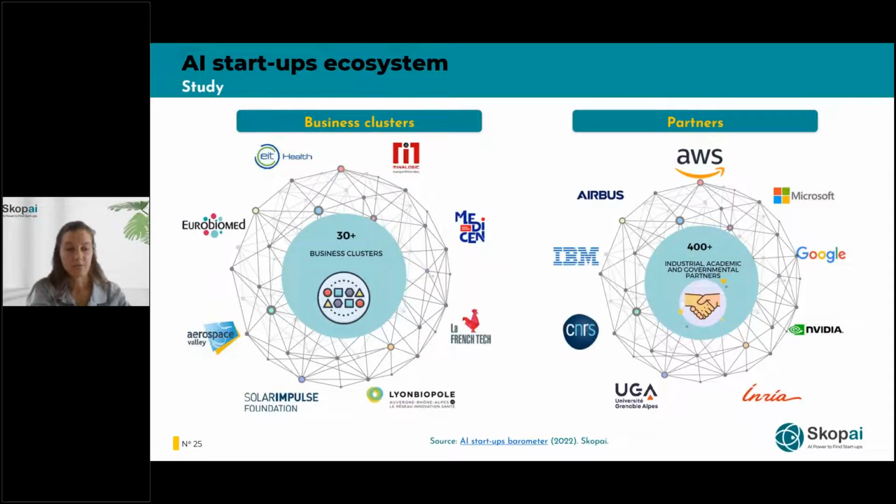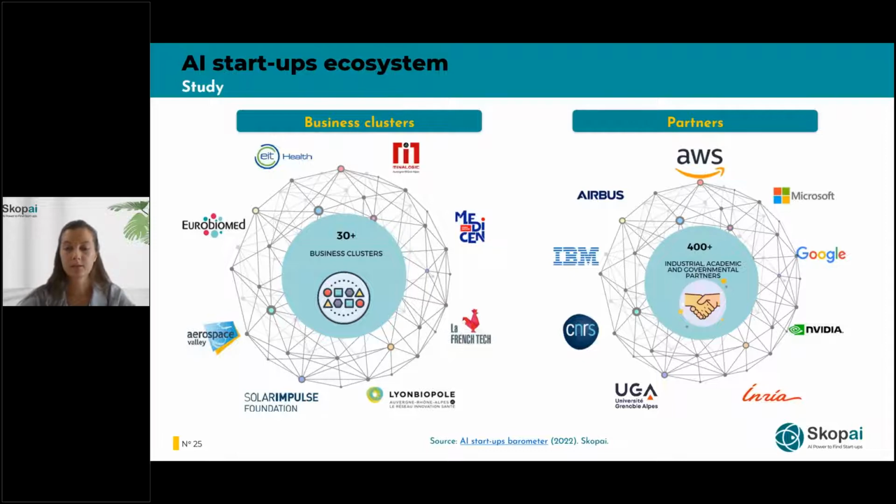AI startups are part of more than 30 different business clusters on different topics, such as Minalogic, which is focused on digital technologies, or Aerospace Valleys that focus on space technologies and drones.